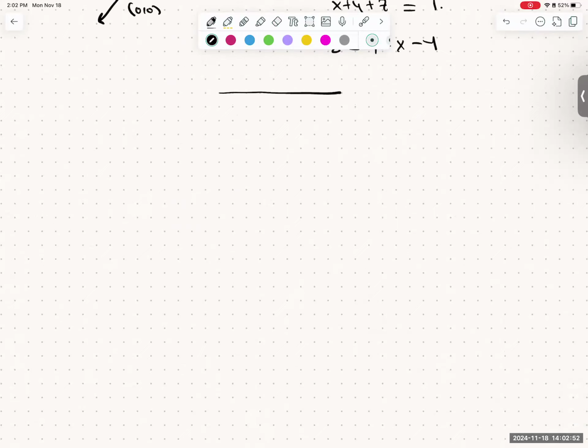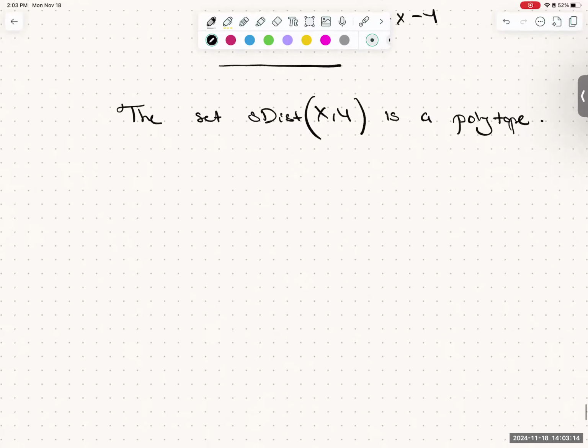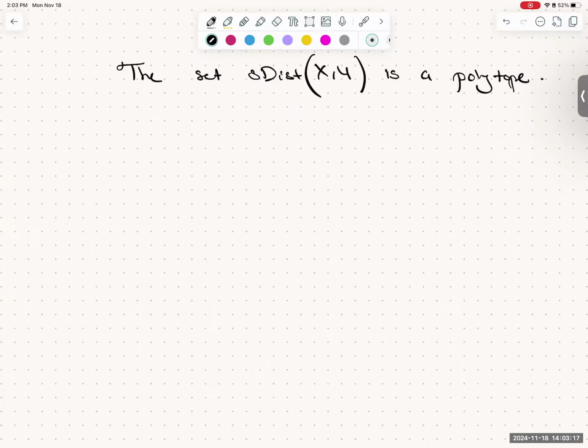Okay, so I will just say the following. The set sDist of X, Y is a polytope. Let's see how this works out.